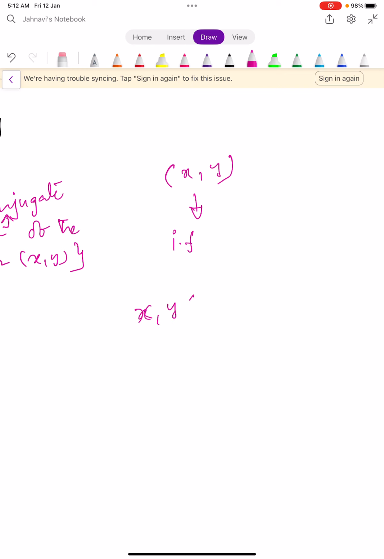Individually, x and y belong to L, but this inner product of x comma y belongs to the field capital F, satisfying the three conditions.